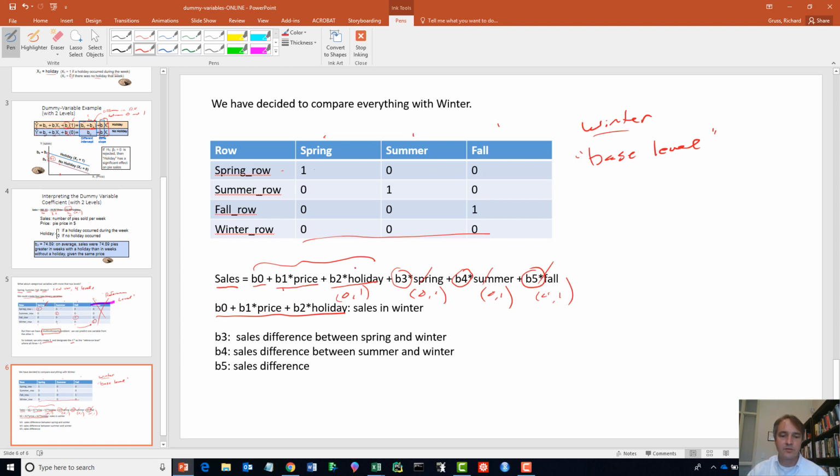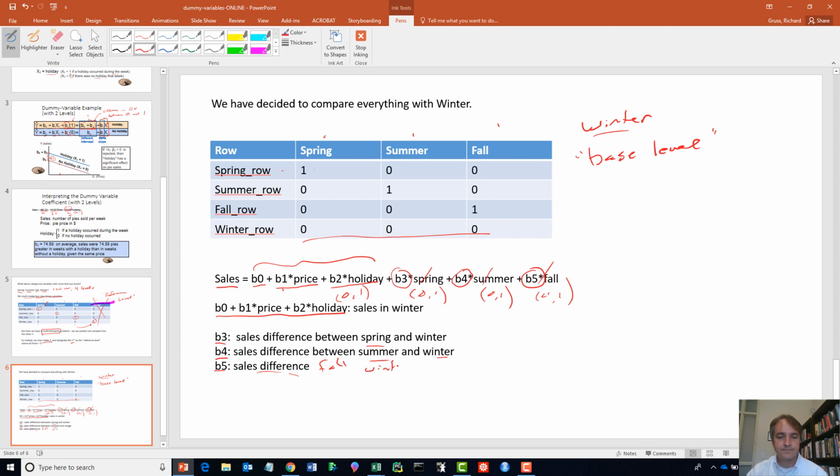That means the estimate of B3 is going to be the sales difference between spring and winter. B4 is going to be the difference between summer and winter. And B5 is going to be the sales difference, actually, that's not finished. B5 would be the difference between fall and winter.